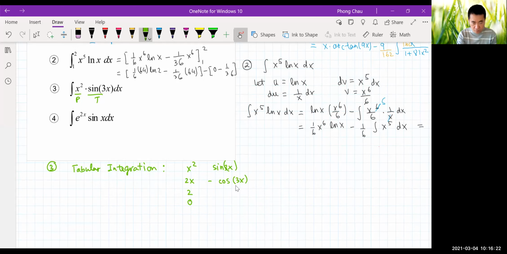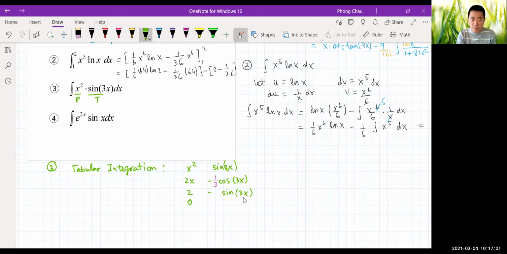But don't forget that with the chain rule, when you take a derivative you multiply by 3, but with the antiderivative, you divide by 3, or negative 1/3. Now you take the antiderivative of this. The antiderivative of cosine is sine, so you have negative sine of 3x.